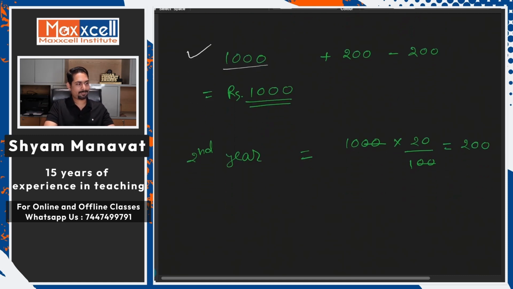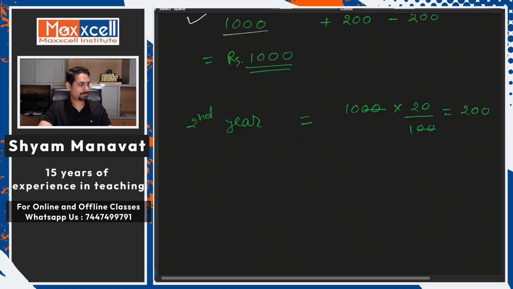Okay, before I go to the next point, help me out in differentiating between these two terms. What is the difference between 2 years and second year? Second year, yes, you are right. 2 years is plural.